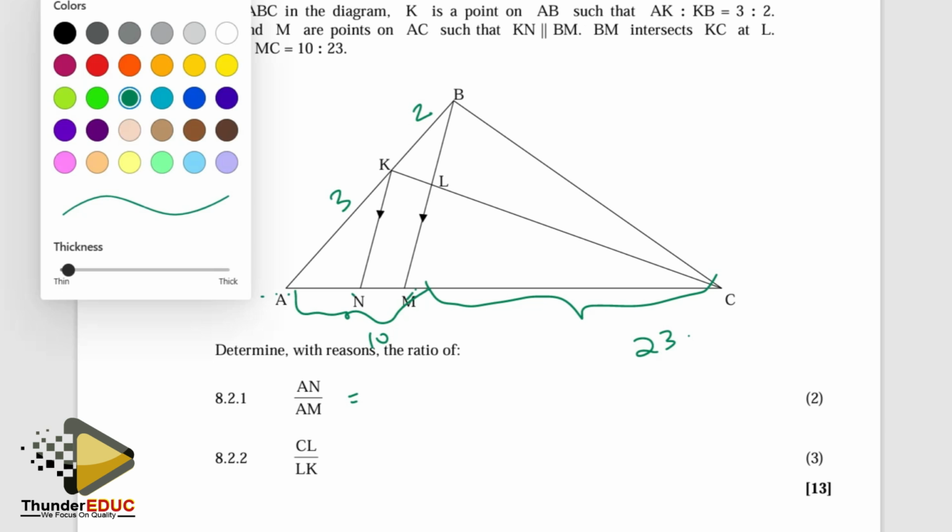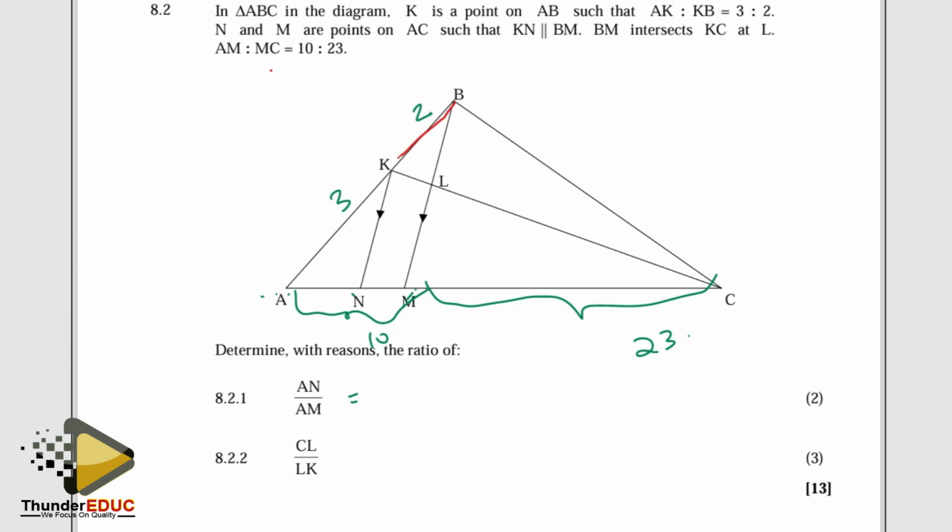So what we can see is that when you look at the proportions, you can focus on this triangle here, since we have these lines that are parallel. Okay. We can look at the overall ratio. We know that AN over AM should be the same as AK over AB.